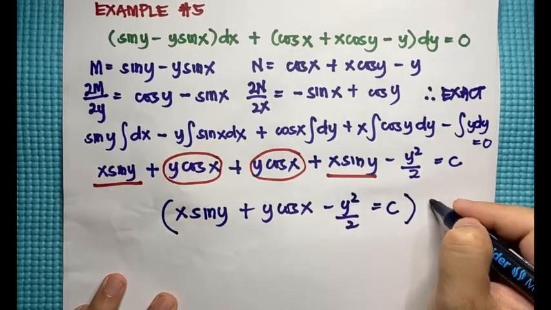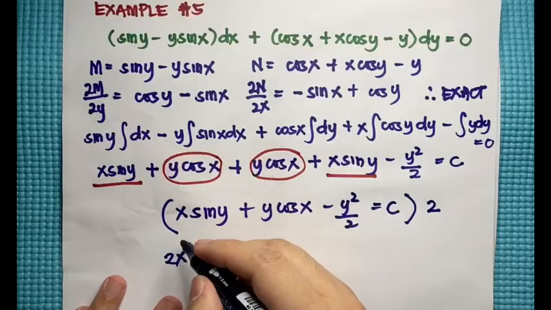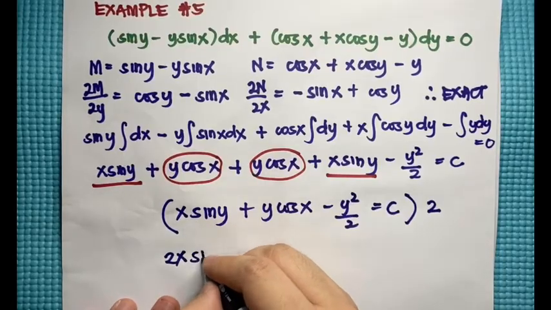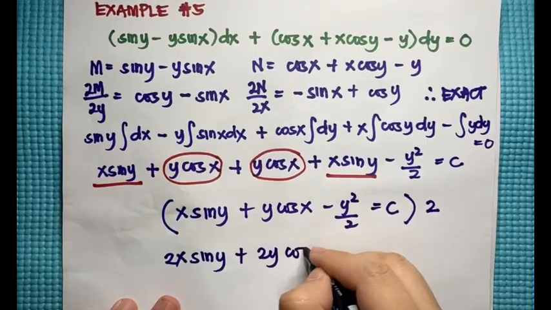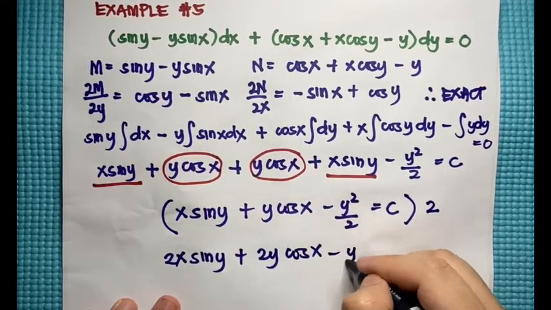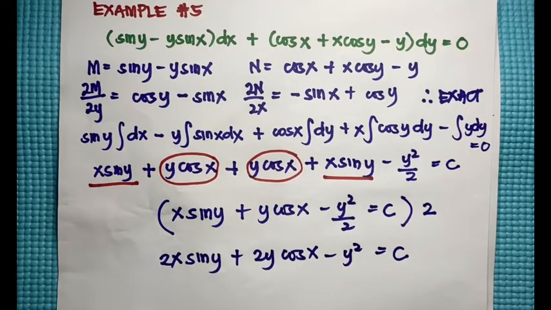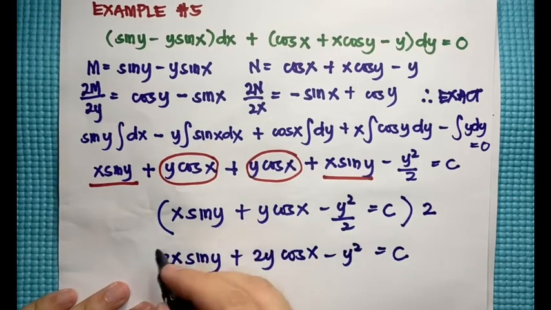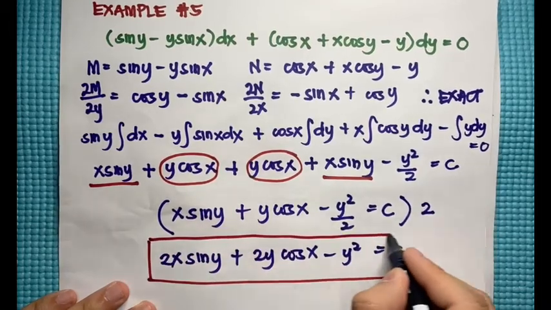Multiplying the whole equation by 2, we get the general solution 2x sine y plus 2y cosine x minus y squared is equal to c. And that is our general solution.